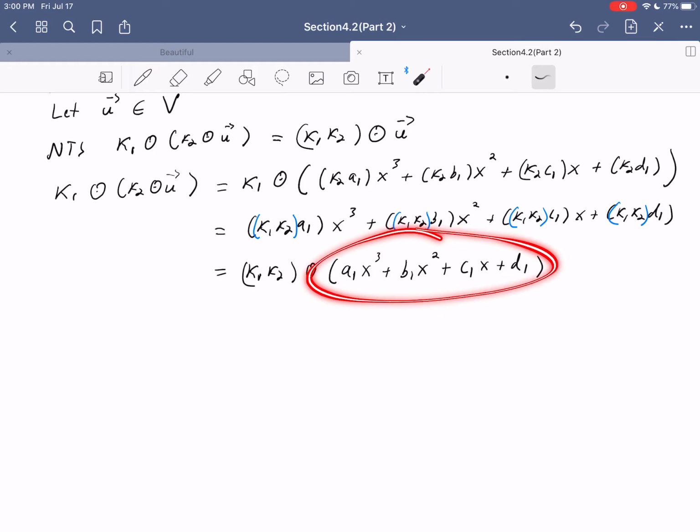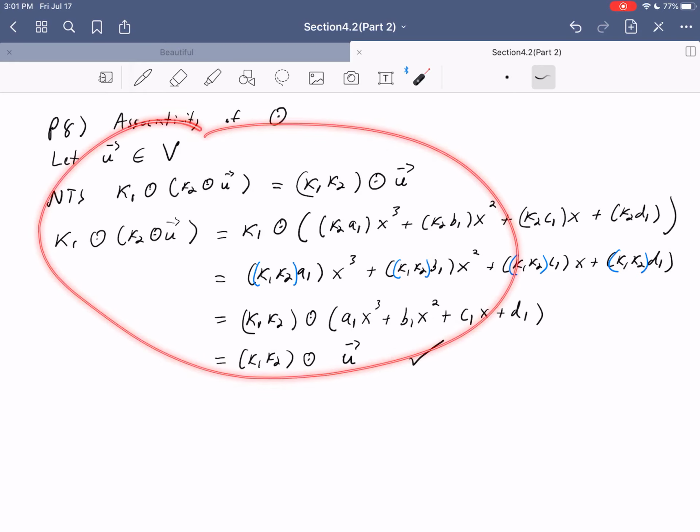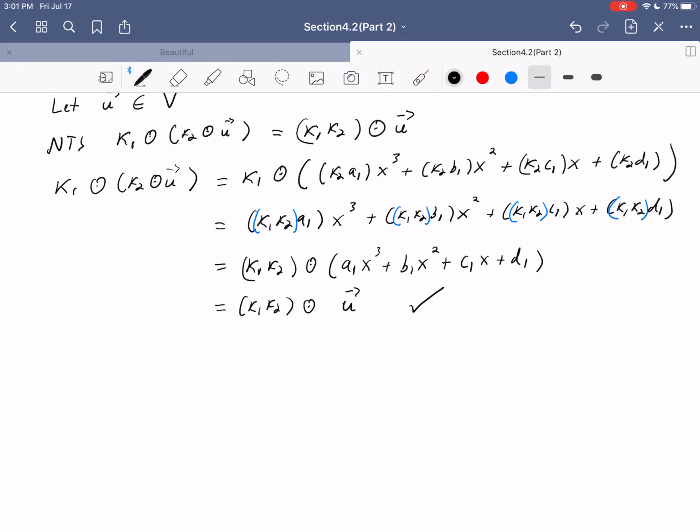And of course, that is the definition of U right there. So K1 K2 scalar multiplied with vector U. Check. So we've gone ahead and shown that P8 holds in this case. In other words, that scalar multiplication here is an associative operation.